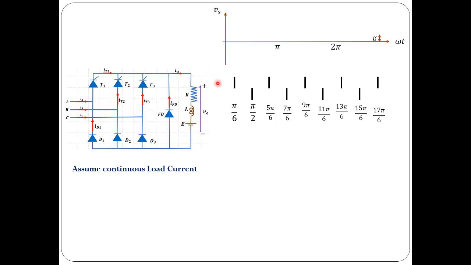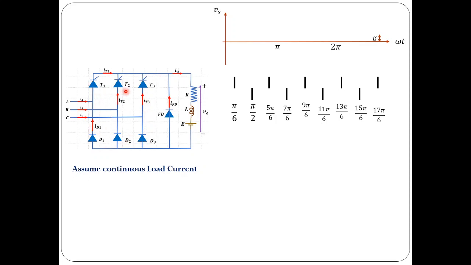There are 3 arms, each corresponding to one phase. A phase is connected to one arm in which T1 and D1 are present, in the B phase arm T2 and D2 are present, and in the C phase arm we have T3 and D3.